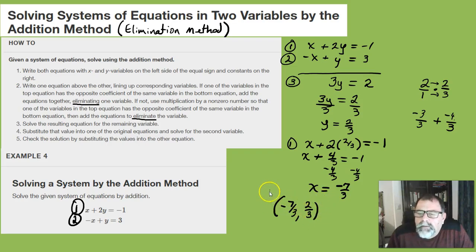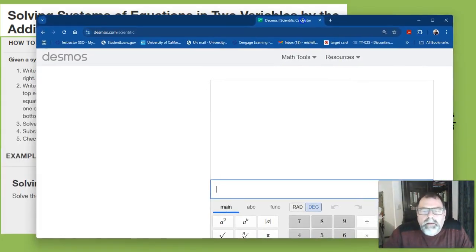And then I'm going to check. Typically what I do for the check is I just type it in a calculator.